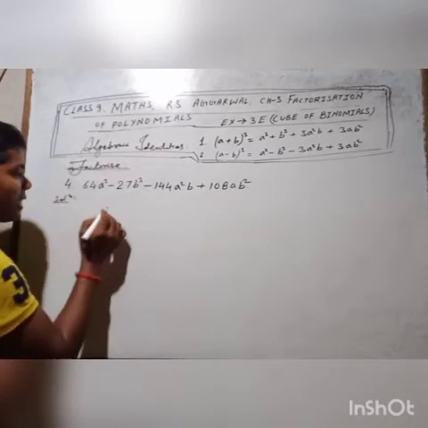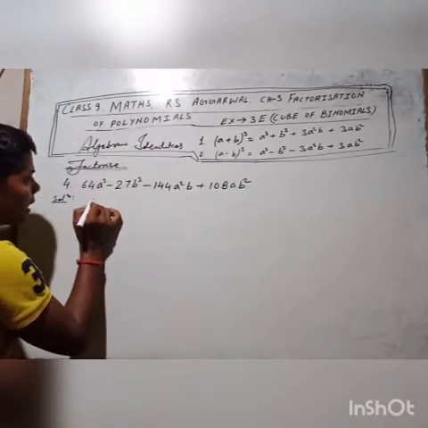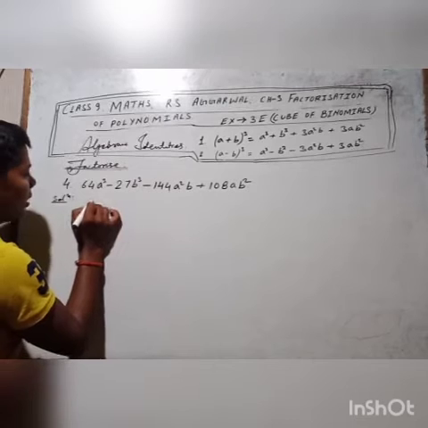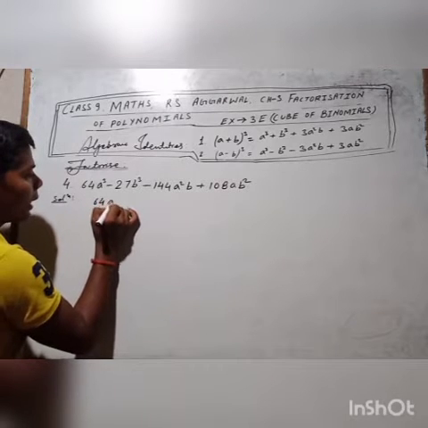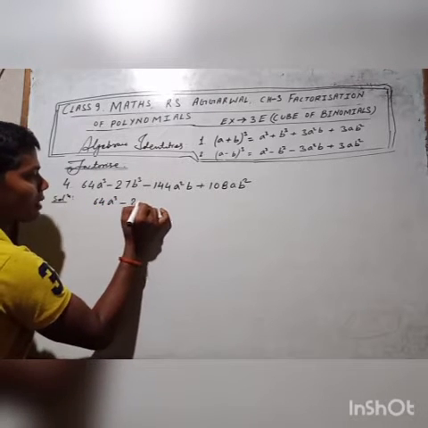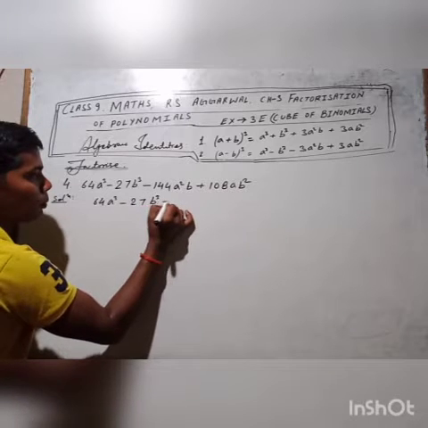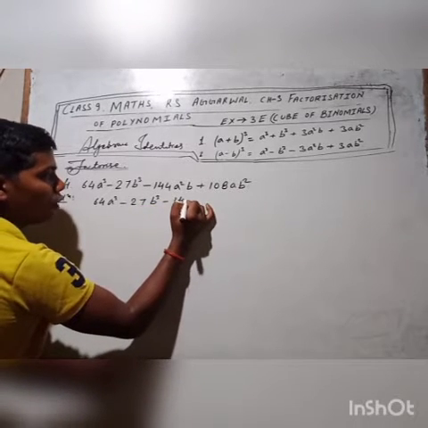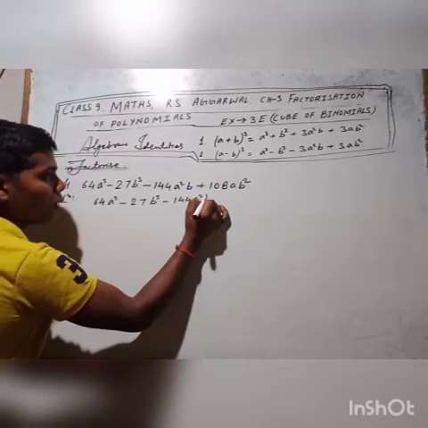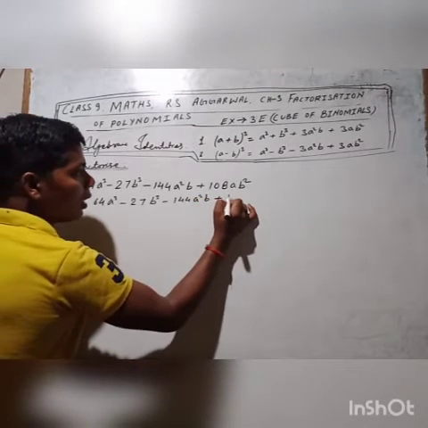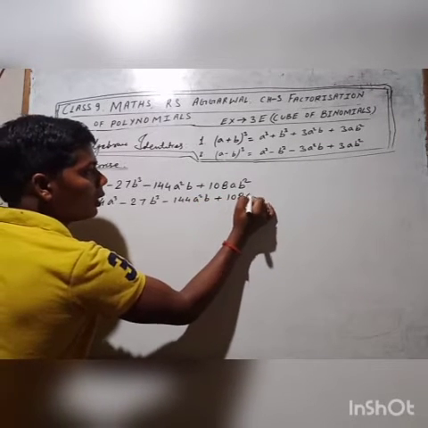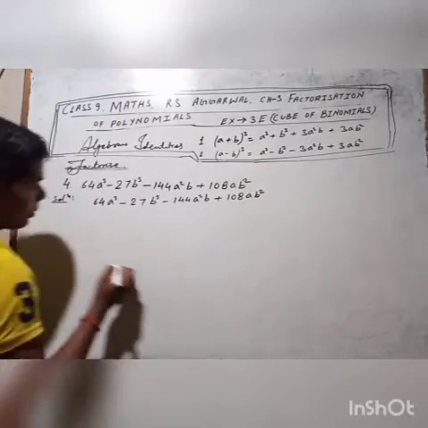So how to factorize? First of all we shall write down the given polynomial one time, that is 64a cubed minus 27b cubed minus 144a square b plus 108ab square.